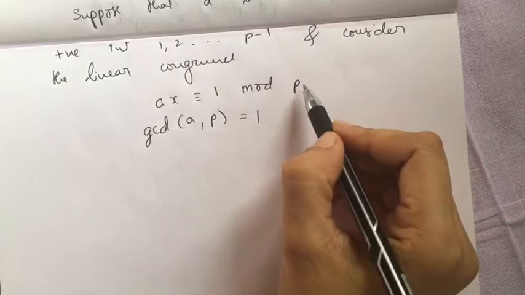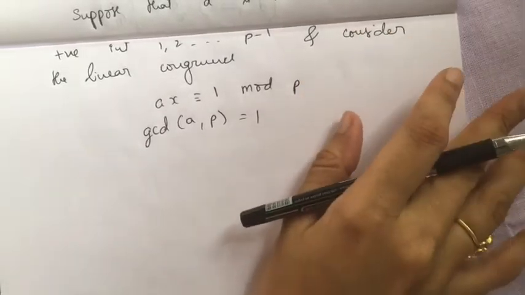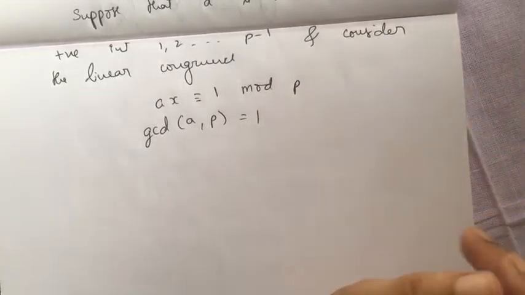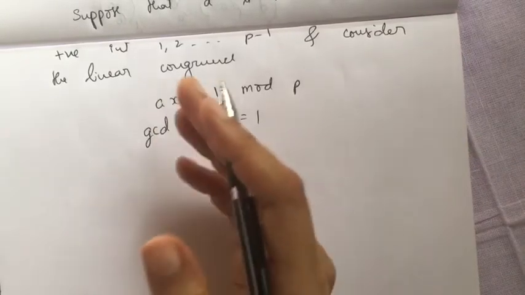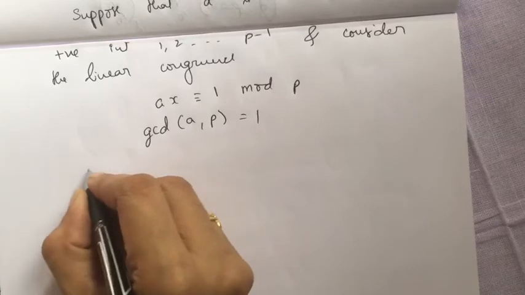In fact, they are relatively prime. Now, by the theorem, we know that the congruence has a unique solution when modulo p is taken. So let us take a dash as that unique integer.